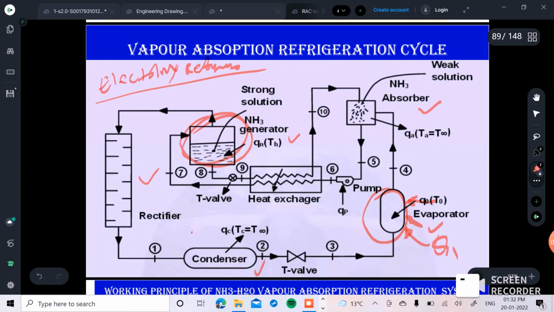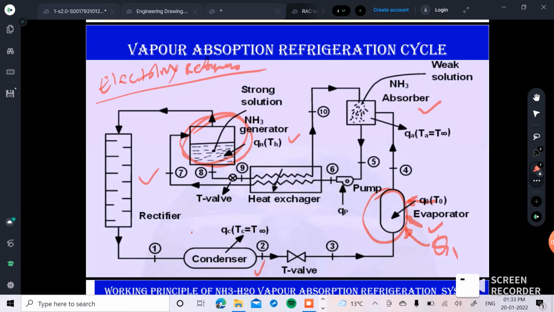Practically, Electrolux refrigerators use the vapor absorption refrigeration cycle and give sufficient and efficient performance in remote areas. The Electrolux refrigerator is widely used where the electric power supply is not sufficiently available.